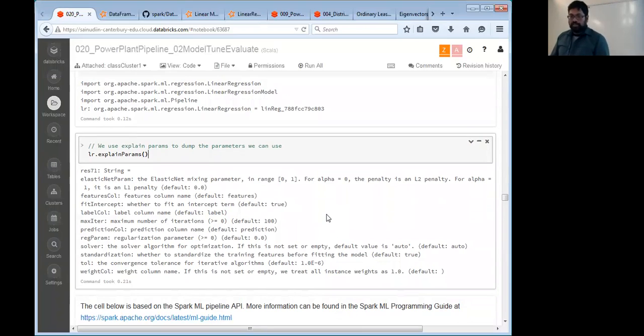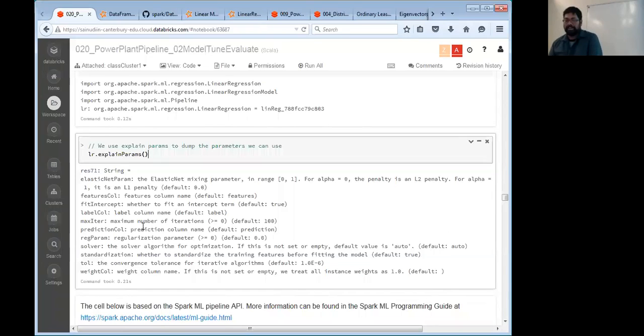There's an elastic net mixing parameter, which is another penalty technique. It is an L2 penalty for alpha equals 0, and for alpha equals 1, it's an L1 penalty. Default is 0, so we are in L2 penalty, which from the video is ridge regression, I believe. I just figured that out right now reading it.